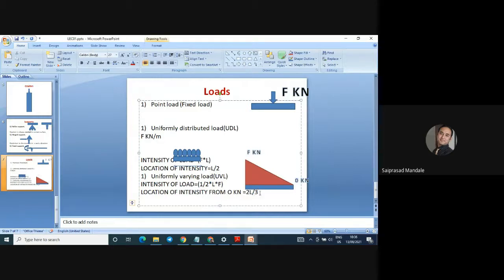Similarly, if we move from the maximum, it is L by 3.